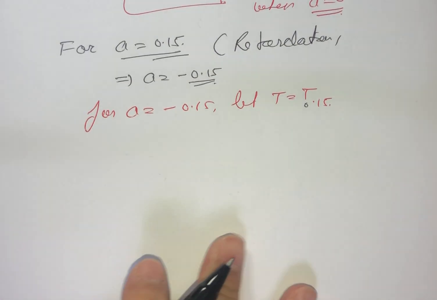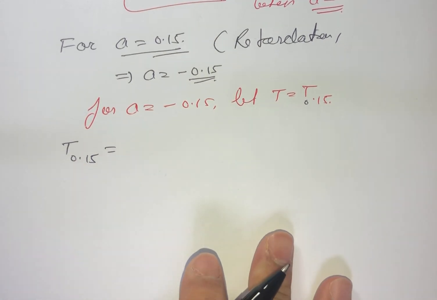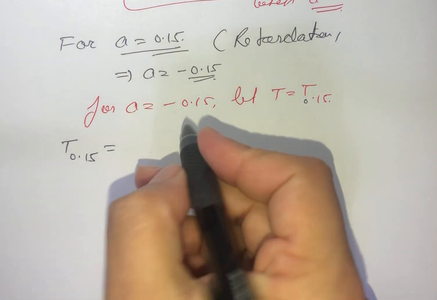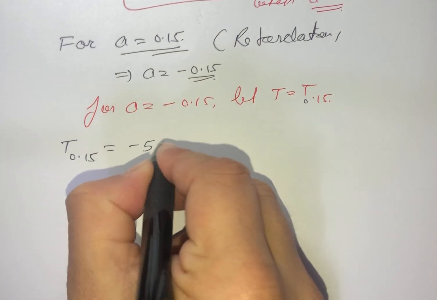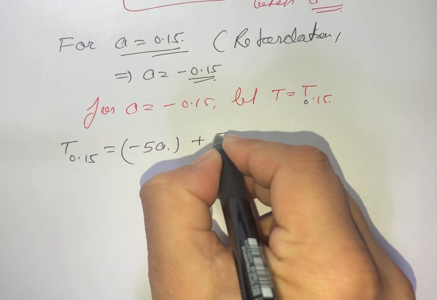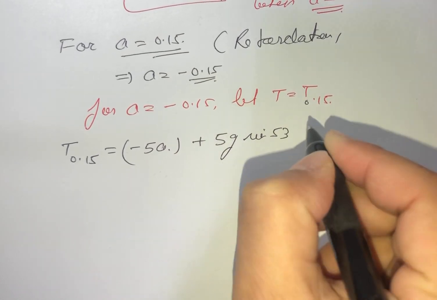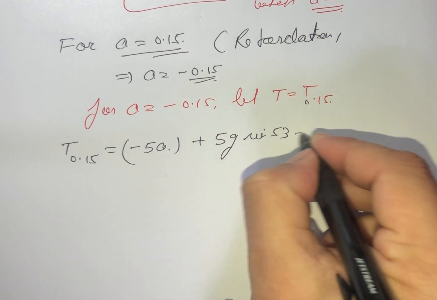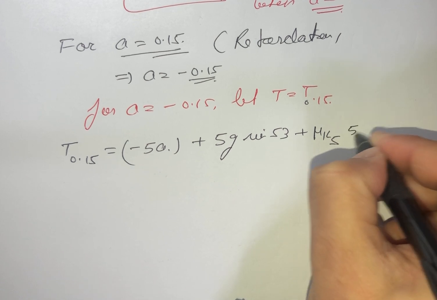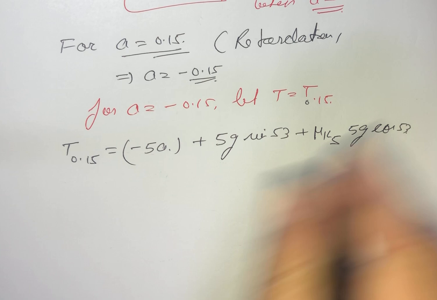So if we put the value, we get T 0.15 is equal to, now the friction will be kinetic, it is moving. So we get this as minus 5A plus 5g sine of 53 plus mu kinetic of 5g cos of 53.